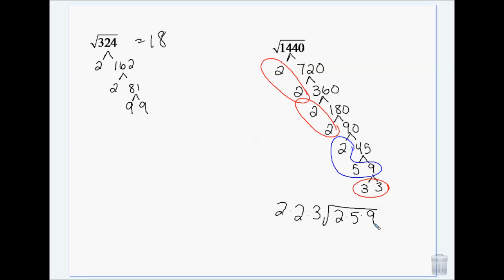Whoops, I don't have a 9. I lied. Sorry, can't circle the 9. I have to just circle the 5, because 9 became 3 times 3. So I have 2 2s and a 3, so that's 12. And 2 times 5 is 10. So I have 12 times the square root of 10.